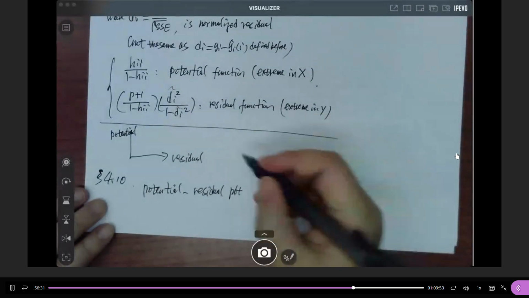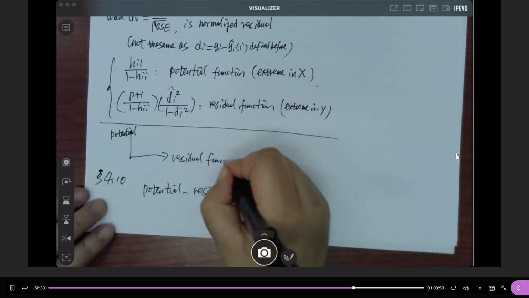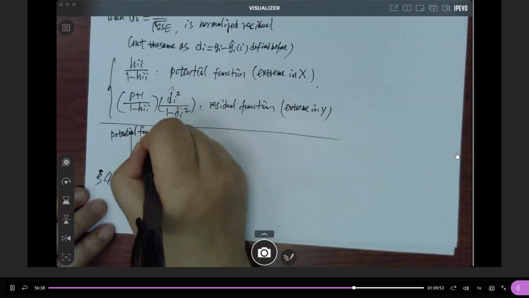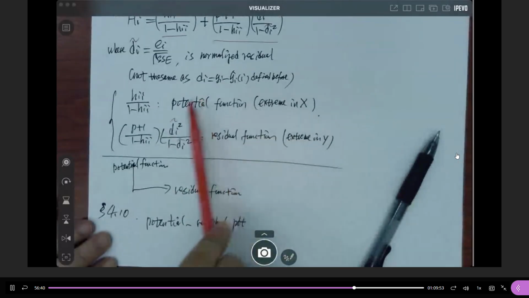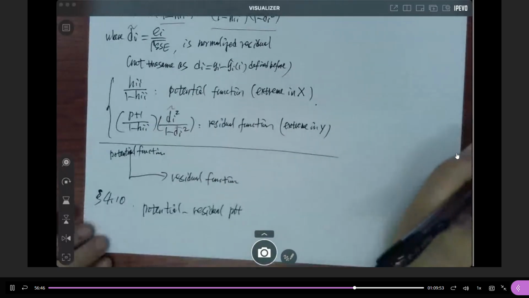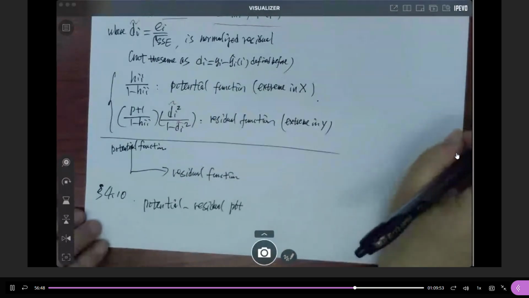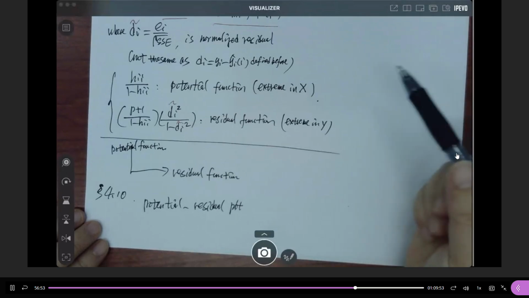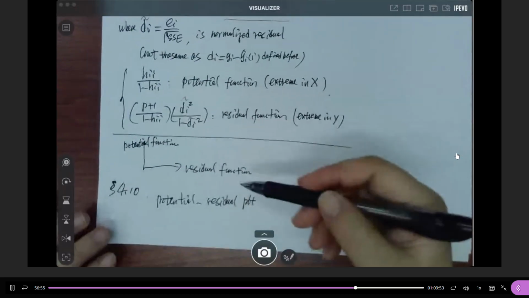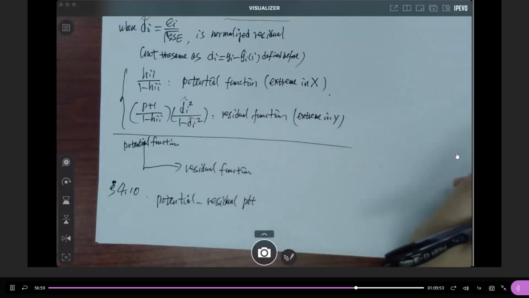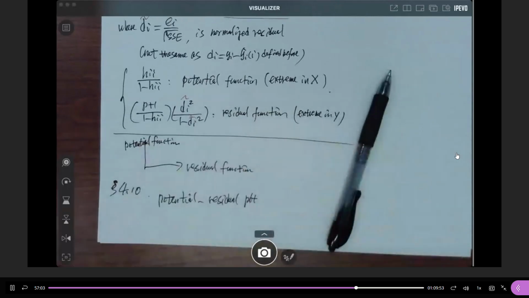In that one, residual refers to EI, but here it refers to the residual function. And the Y is the potential function, coming from what we defined here. So in this case, if you see any point that is isolated and far away from the rest of the cluster, it can be considered a highly influential point. So I'll show you a picture here.